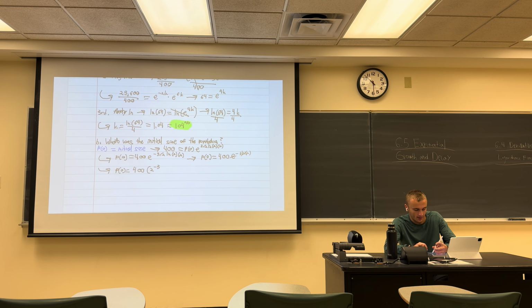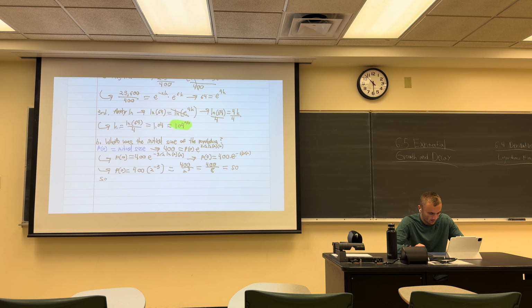Remember, get rid of ln, and then this 3 moves up to be an exponent. So that's going to be 2 to the negative 3. And then to evaluate that, we'll put that in the denominator. So this is going to equal 400 over 2 cubed. 2 cubed is 8, so 400 over 8 equals 50.